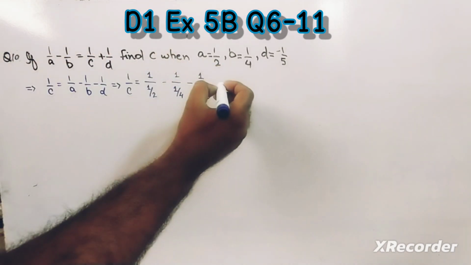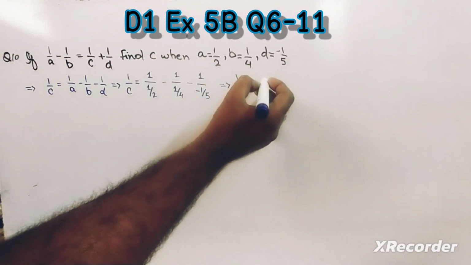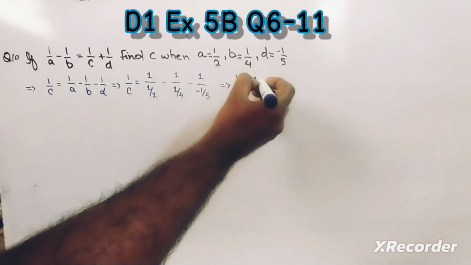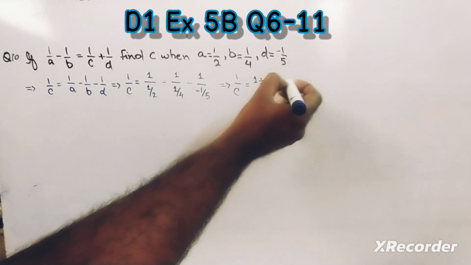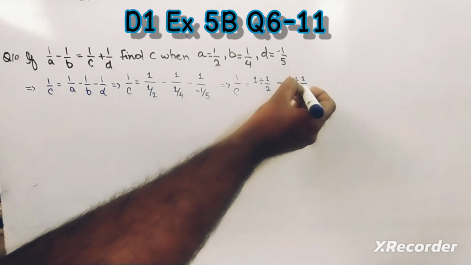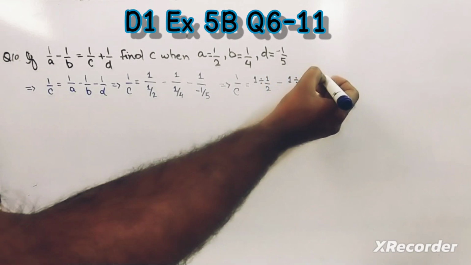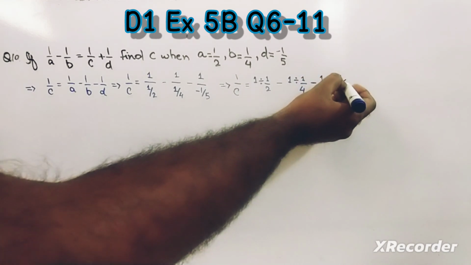Or we can write as 1 upon C is equal to 1 divided by 1 upon half, minus 1 divided by 1 upon 4, minus 1 divided by minus 1 upon 5.